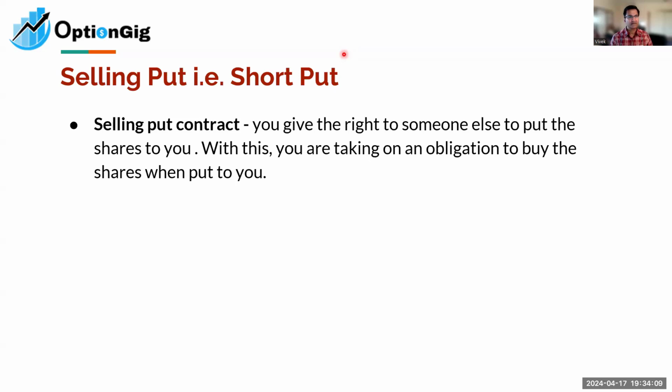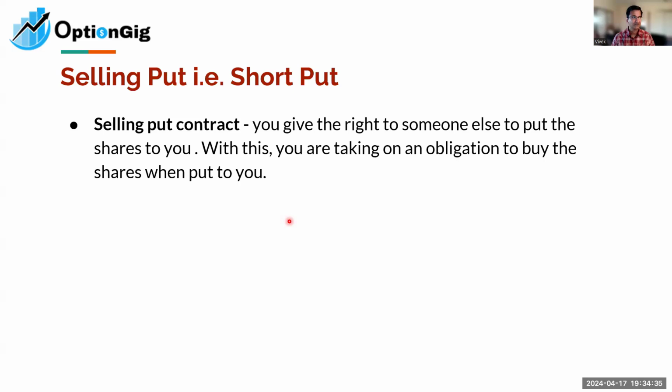In the case of the Google example, I'm giving the right to someone else, whoever is buying the contract, to sell the Google share to me at $150. And for that, I received a premium of $4. And I have an obligation to buy the stock at 150 whenever the other person wants to exercise their right.